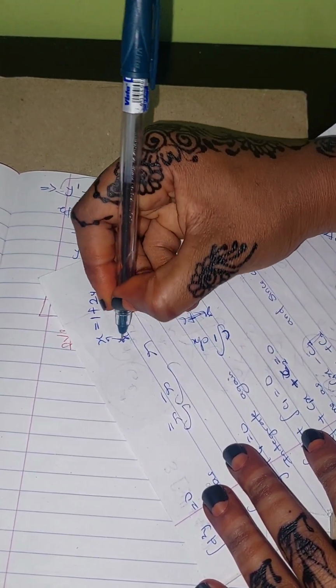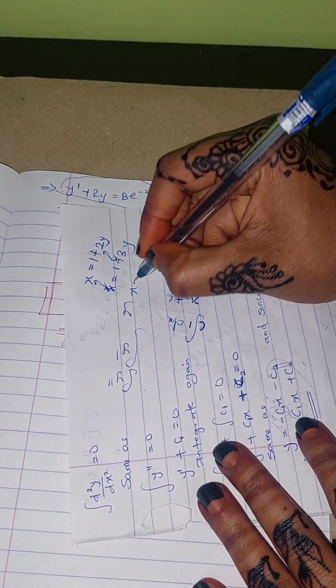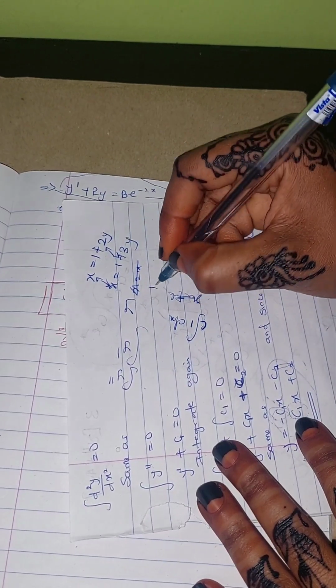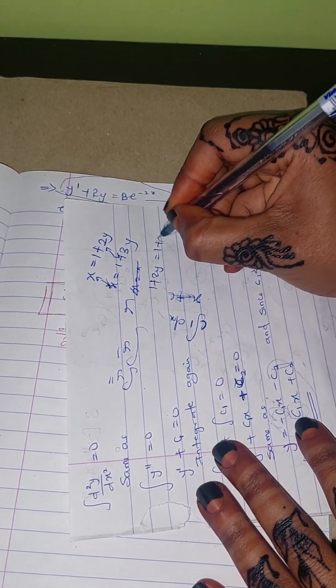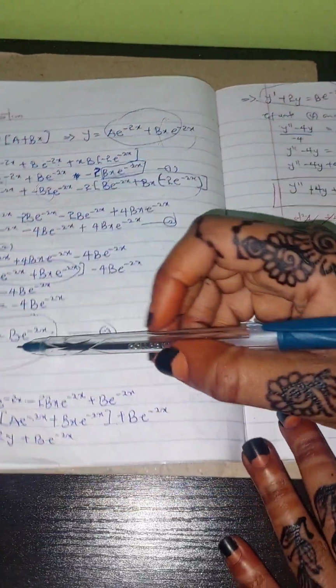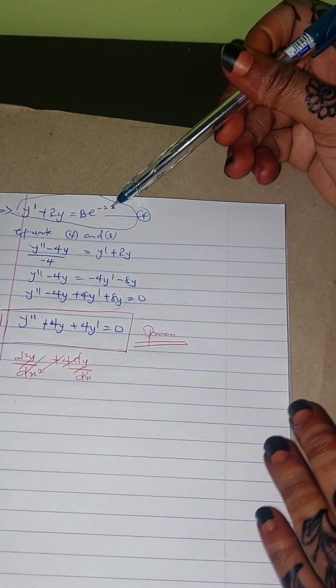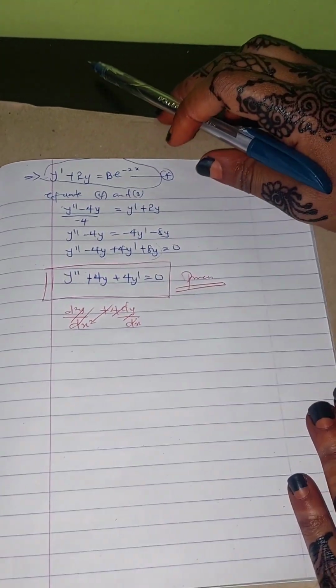It means x equals x, then this should be equal to this, right? So that means I'll have 1 plus 2y equals 1 plus 3y, and I can solve. So the same thing here, since I have this to be equal to be^(-2x), then I have this again to be equal to be^(-2x).